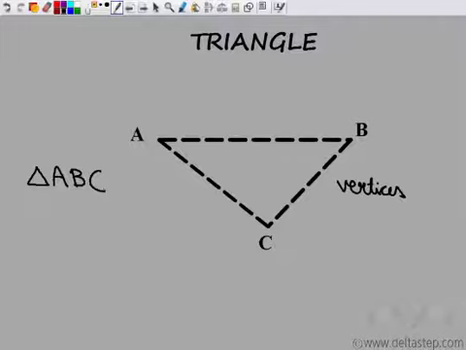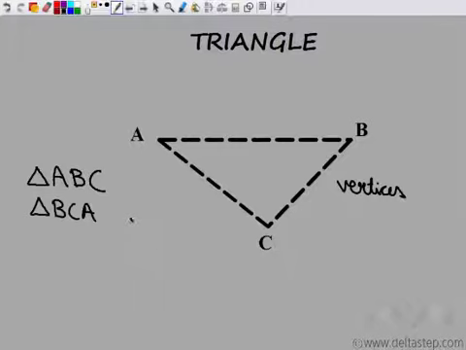So note here that A, B, C are the 3 vertices, and the order in which you write does not matter. So you can write triangle ABC or triangle BCA or CAB, whatever. And this triangle symbol here does not signify the shape.